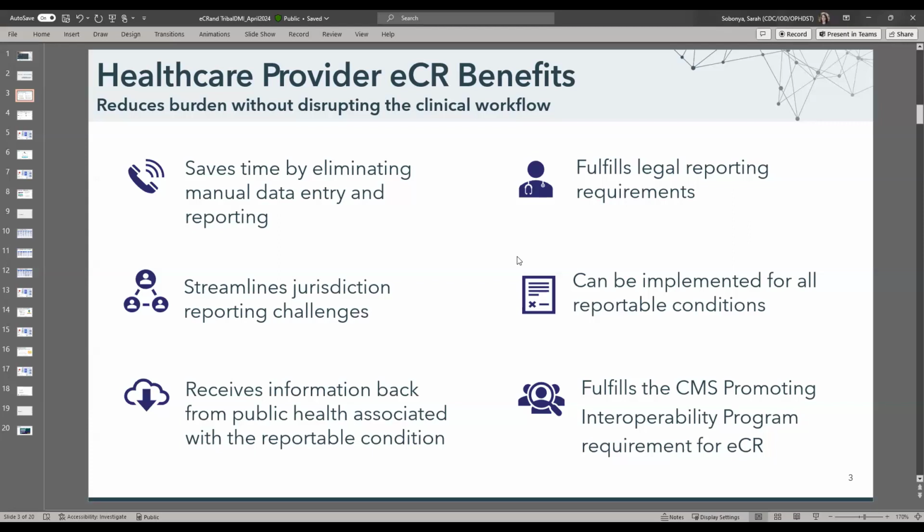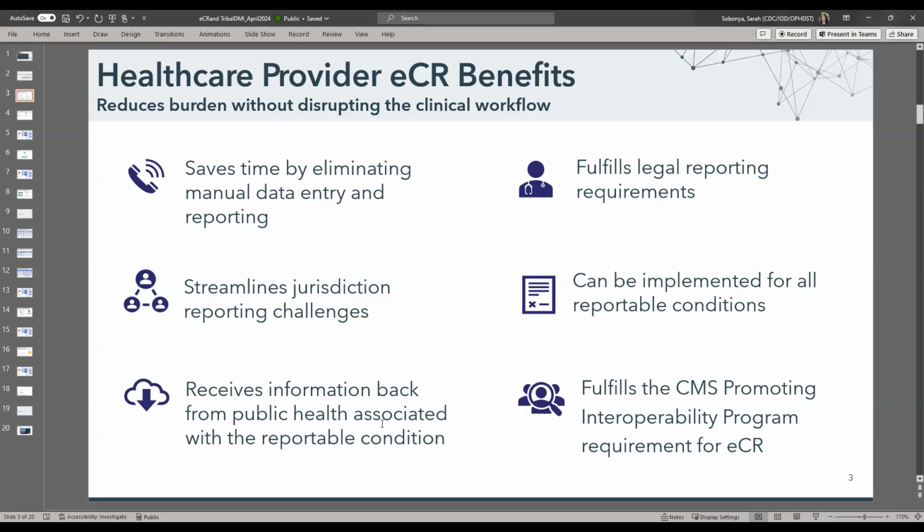It streamlines jurisdictional reporting challenges. So if there are multiple jurisdictions involved, if the state and the tribe both should receive that report, they can both receive it at the same time, and the tribe doesn't have to wait for the state to then share the data back to them. Electronic case reporting also allows a public health department to share information back with the healthcare provider.